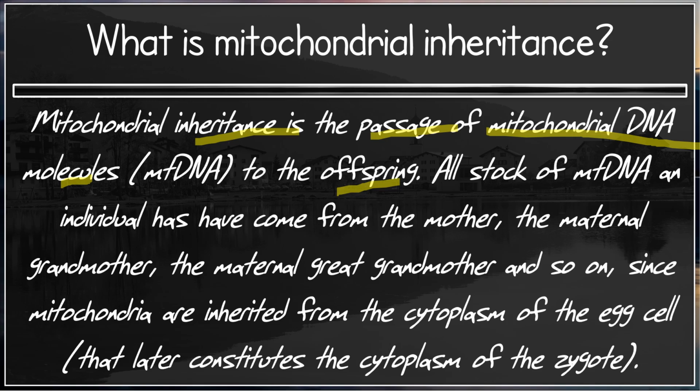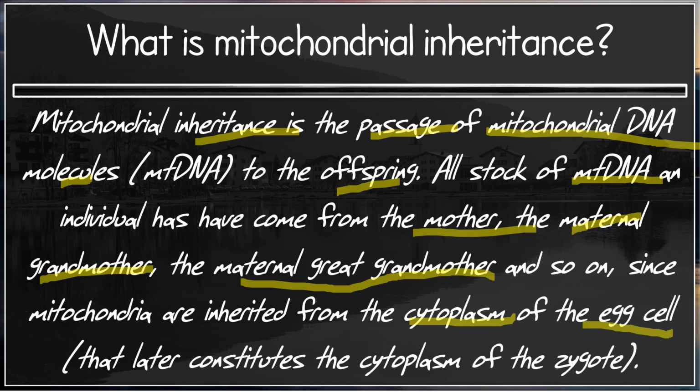All the mitochondrial DNA an individual has comes from the mother, maternal grandmother, maternal great-grandmother, and so on, since mitochondria are inherited from the cytoplasm of the egg cells that later constitute the cytoplasm of the zygote.